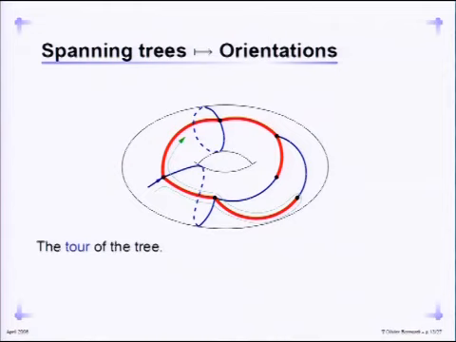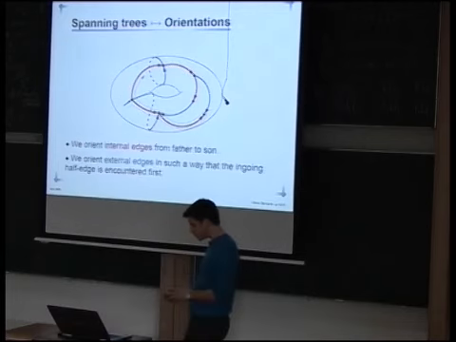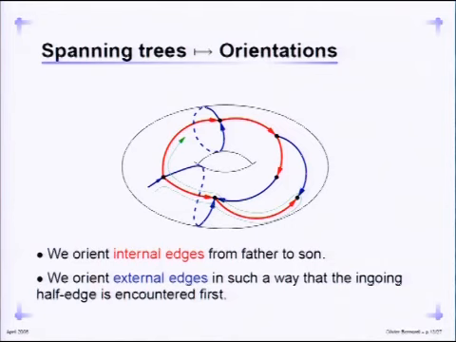When I have my embedded graph and a spanning tree, I can make the tour of the spanning tree. I start from the root, and I follow the edges of the tree until I return to the root. This is the tour of the spanning tree. Now I associate an orientation to my spanning tree by saying that I will orient internal edges, that is edges in the tree, from father to son.